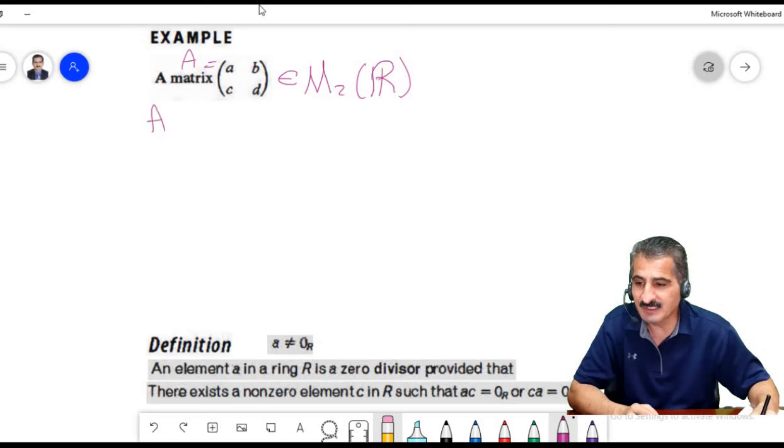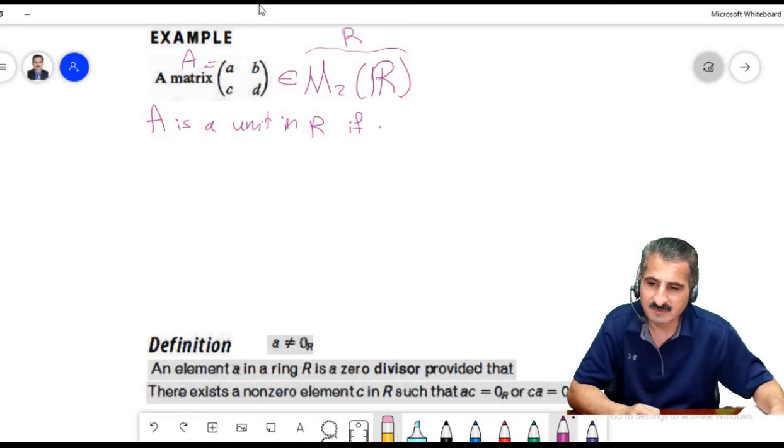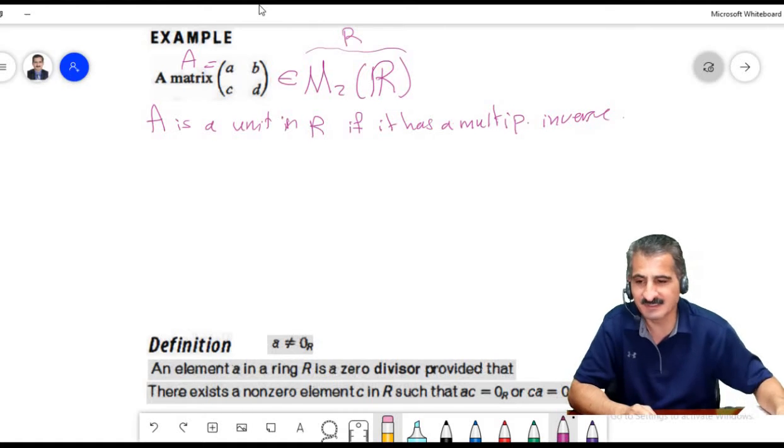So A is a unit in this ring, let me call it R, if it has a multiplicative inverse, which means an invertible matrix.